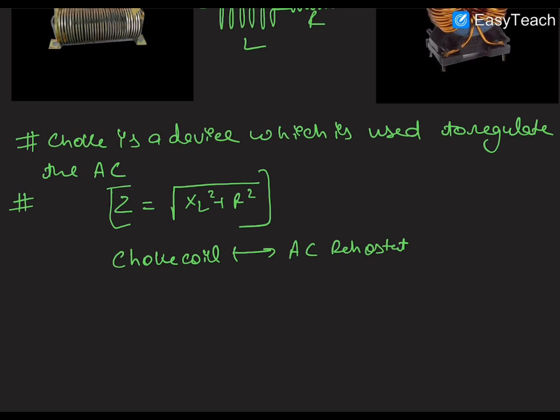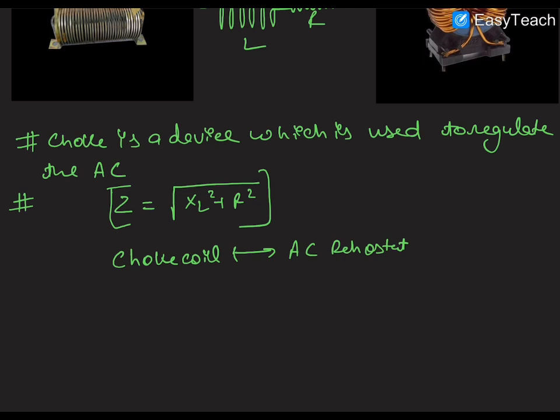Another question which follows this one is, if pure resistance, that is the rheostat, is responsible for lots of heat loss in the circuit, then why do we not use the choke coil in DC? Because we know that the self inductance property of any coil is only active when the current is changing, but in DC the current is constant.